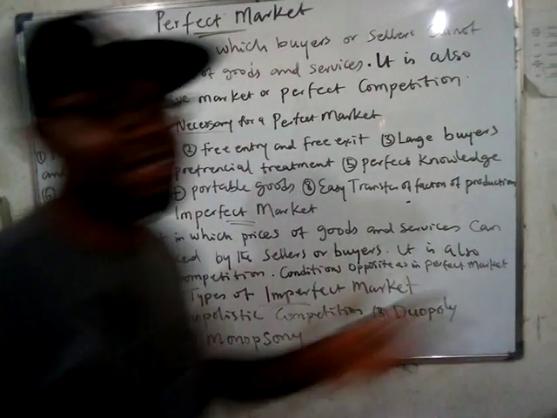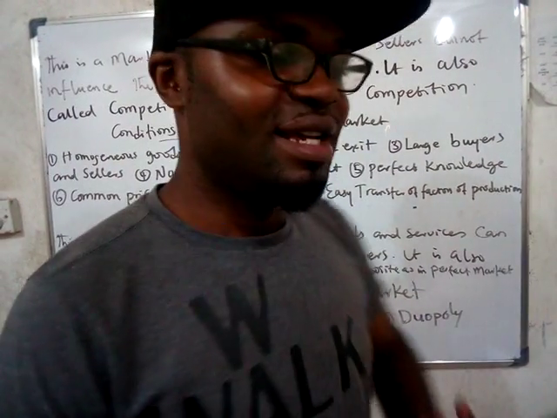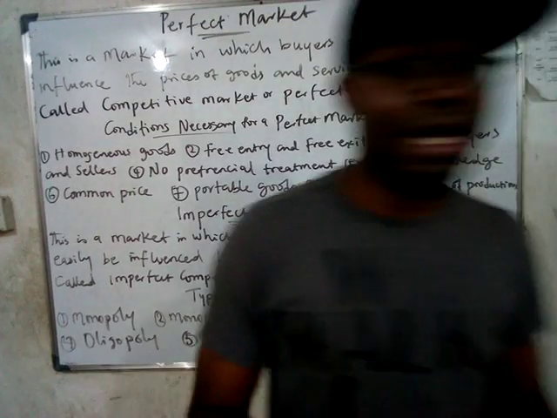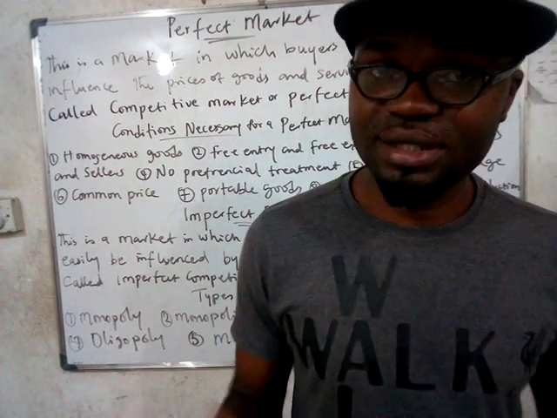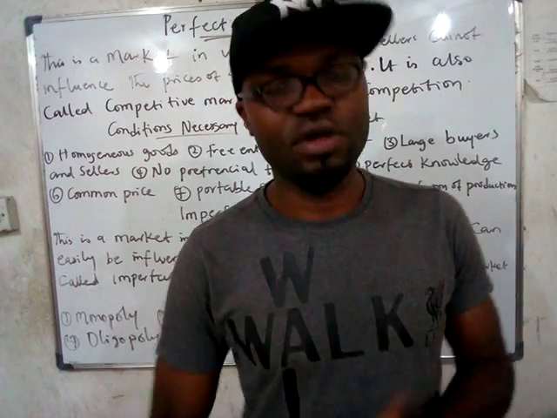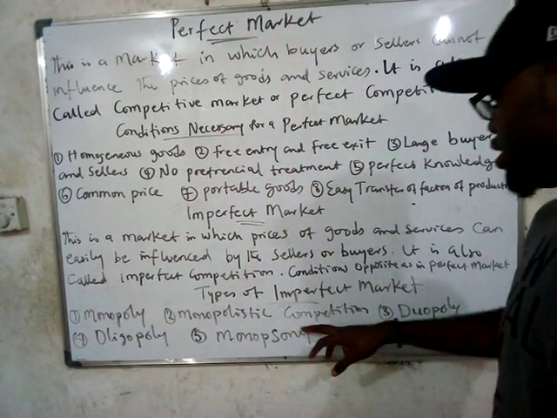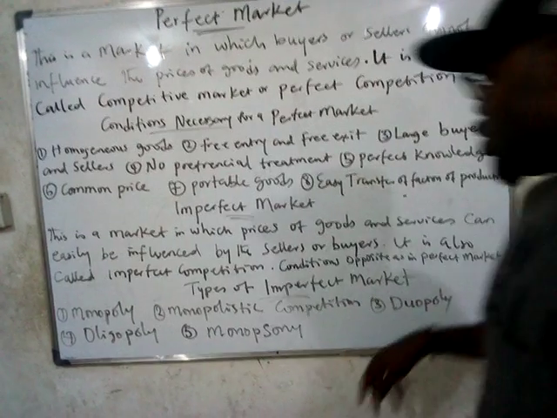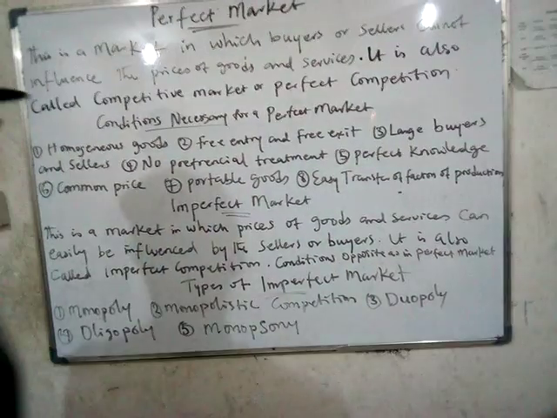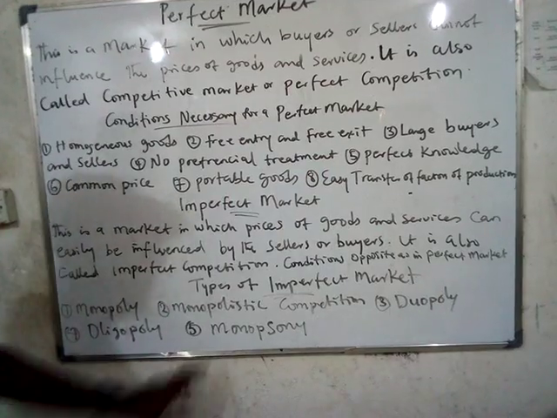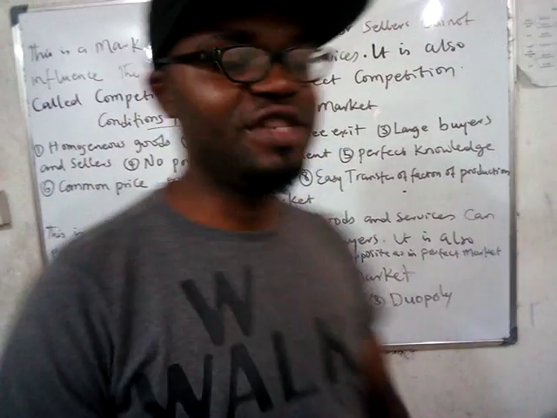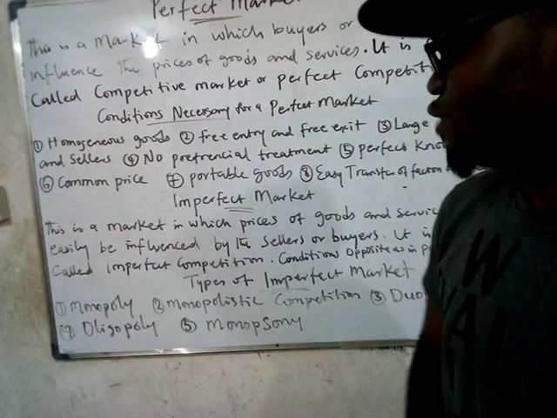Now, what are the types of imperfect markets? The imperfect markets that we have are where the seller or the buyer determines the price of commodities. The example is what we call monopoly. Another example is monopolistic competition. We also have what we call duopoly, and we have oligopoly and monopsony. Now we're going to take the definitions of all these imperfect markets one by one.